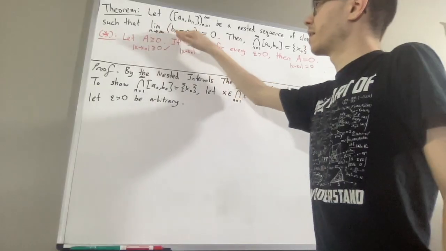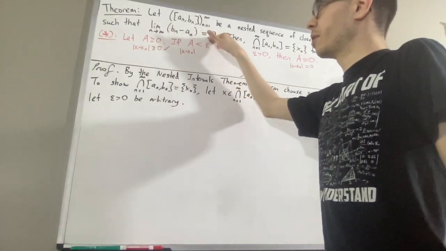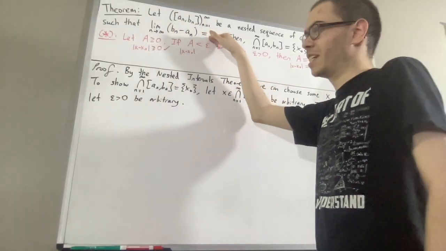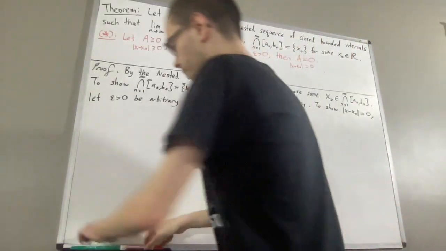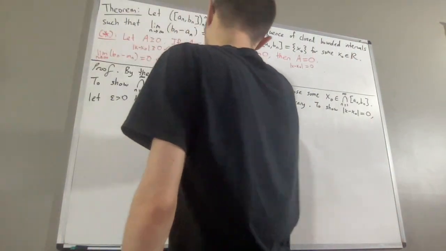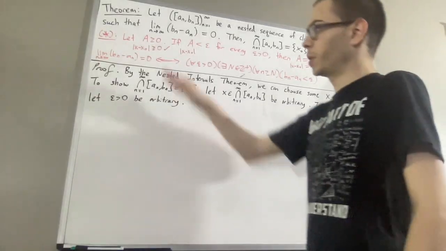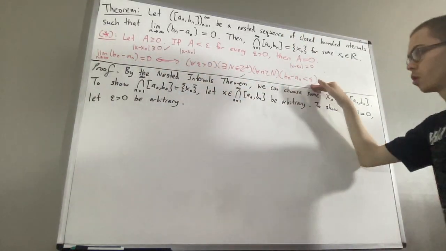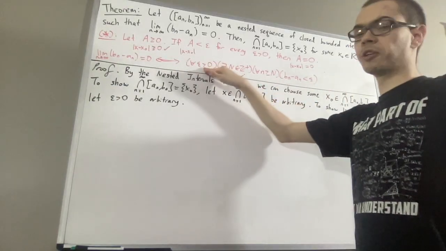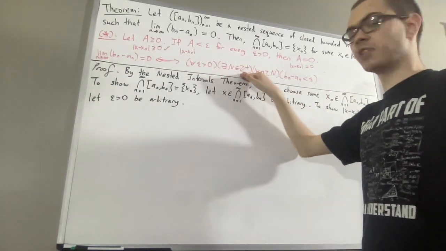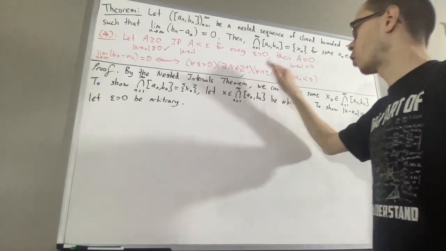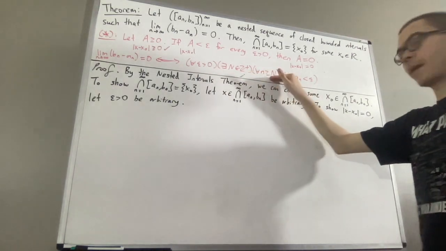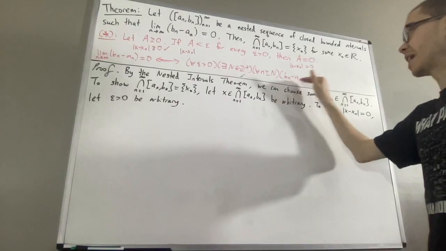Because the limit of this sequence is equal to 0, by definition of the limit of a sequence, this means the following. So because this sequence converges to 0, this statement is true. For every epsilon greater than 0, there exists a positive integer capital N, such that for all integers n greater than or equal to capital N, bn minus an is less than epsilon.